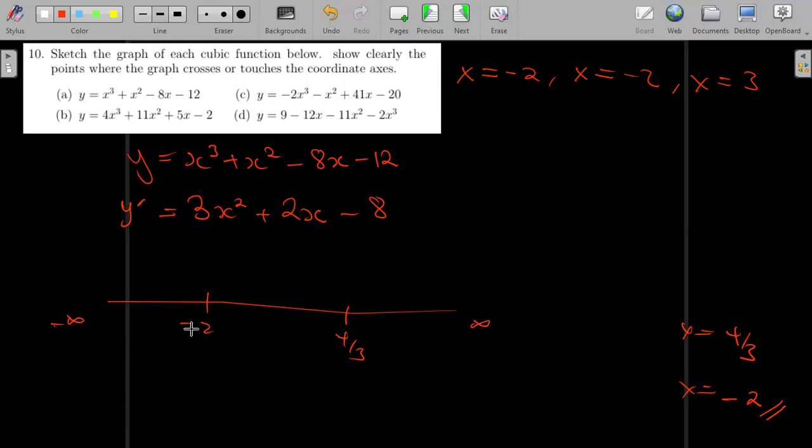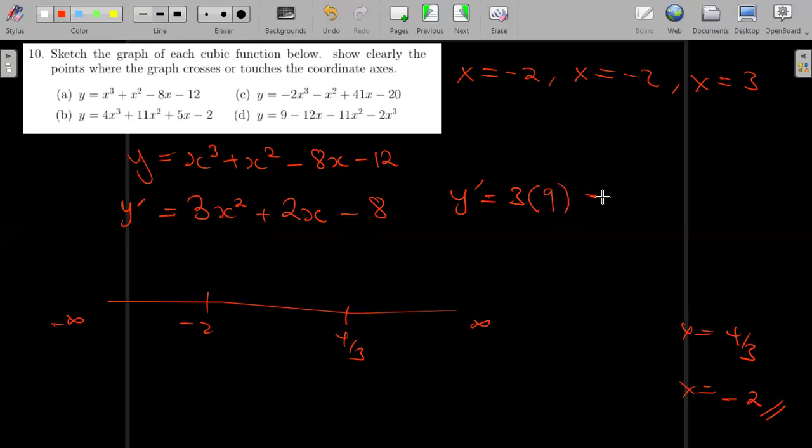So from negative infinity, for a value less than negative 2, what would be happening to my graph? I pick a value less than negative 2 and input it in my y prime function. Let's say I put in negative 3. Negative 3 squared gives me a positive number, which is 9.